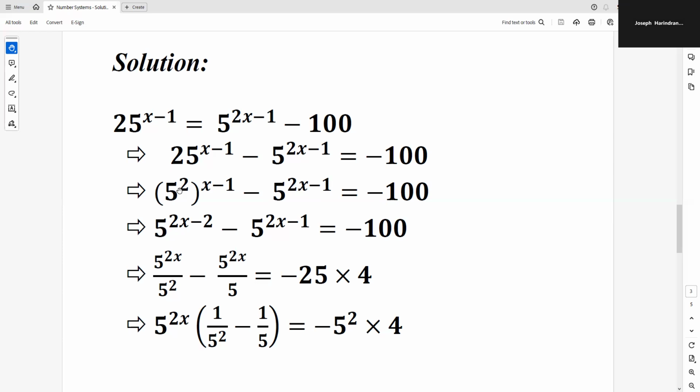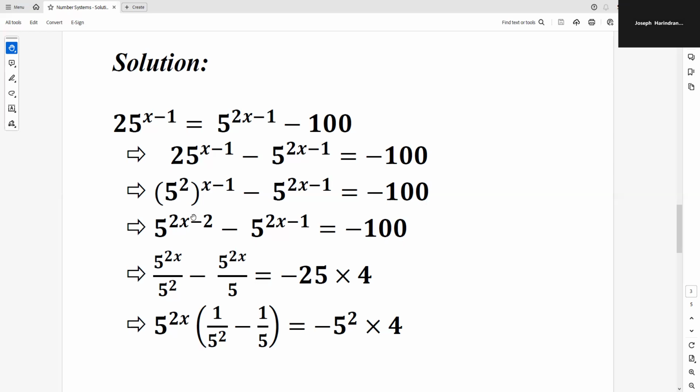We now use one of the laws of exponents, called the power rule, where we multiply the two exponents. When 5 squared is raised to the power x minus 1, we multiply 2 into x minus 1, we get 5 power 2x minus 2 minus 5 power 2x minus 1 is equal to minus 100.